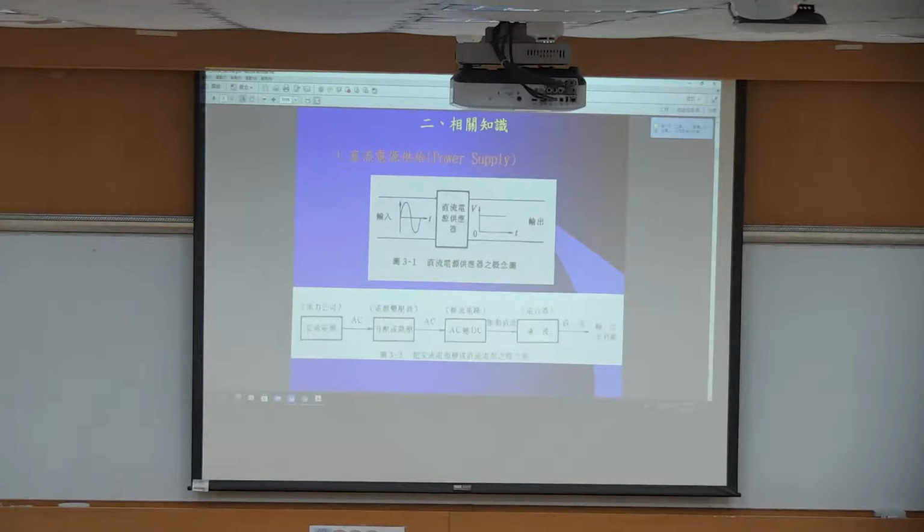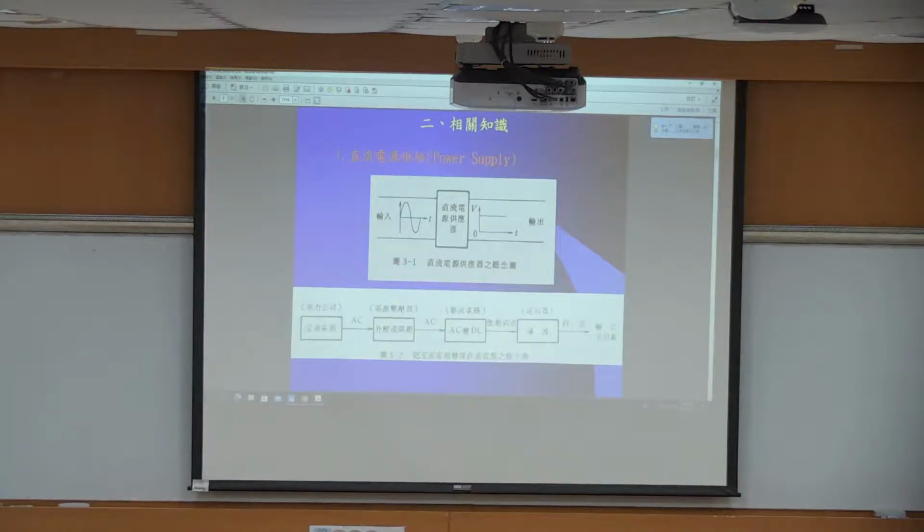We can see the figure on the bottom of this page: the power companies supply the AC, and we have to use the transformer to raise or lower the AC voltage. But the most important thing is that we have to use the rectifying circuits to change the AC into a DC source.